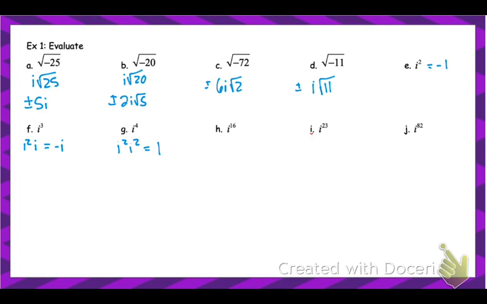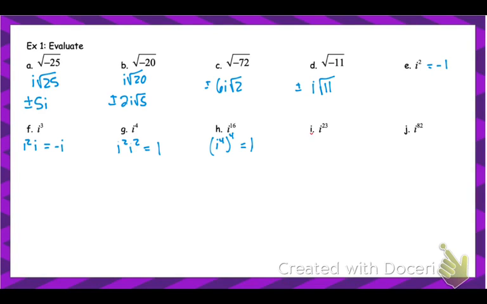So now every other exponent basically is going to be some form of this. So for example, i to the 16th, well, that's the same thing as i to the 4th to the 4th. Well, i to the 4th is 1. 1 to the 4th is still 1. Something like i to the 23rd, what we want to do, if i to the 16th is 1, well, basically any multiple of 4 here is going to give us 1.